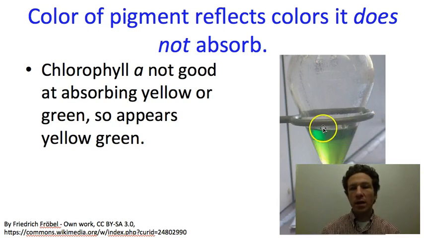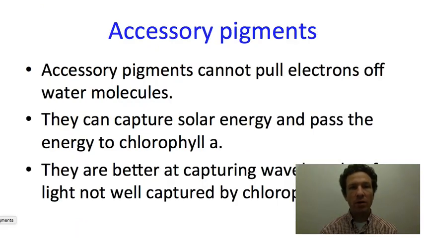What we see here is an extract of chlorophyll from plant leaves, and you can see that it's got a yellow-greenish color. You'll also notice this darker green color above it, and this is going to be a different form of chlorophyll, chlorophyll B. We'll talk about that when we talk about other accessory pigments.